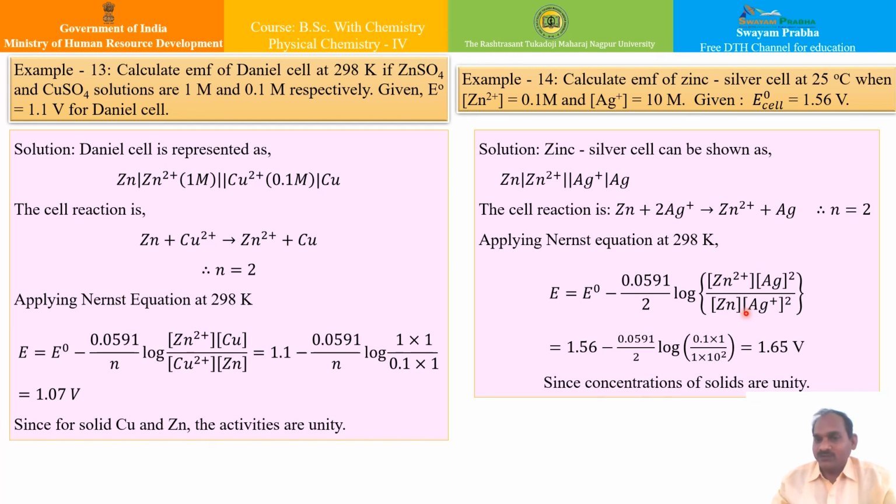So if I substitute all the values, I get 1.56 minus 0.0591 upon 2 into log of 0.1 into 1 upon 1 into 10 to the power 2. So it gives me 1.65 volts. Once again, for solid electrodes, the activities are taken as unity, and therefore 1 and 1 values are taken over here.